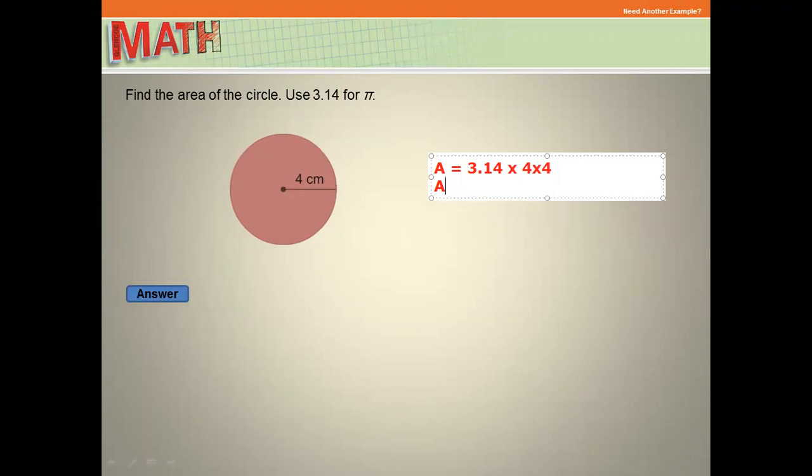So the area here equals 3.14 times 16. So after we multiply 3.14 times 16, the area will be 50.24 centimeters squared, because this is the unit of measuring area. Let's move to the next.